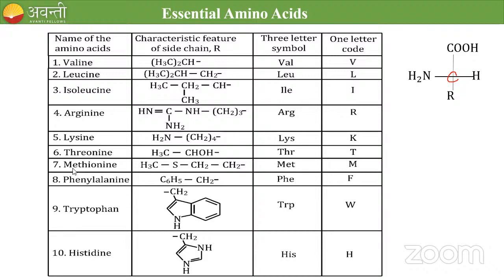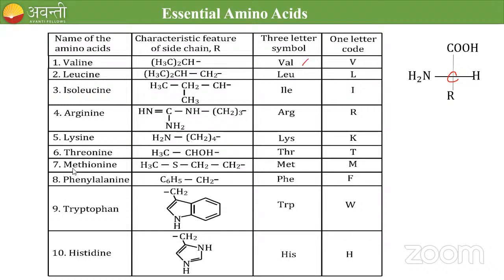The first column is the name: valine, leucine, isoleucine, arginine, lysine, threonine, methionine, phenylalanine, tryptophan, and histidine. So these 10 are the essential amino acids, and these are the molecules, the formula for the molecules of these amino acids.